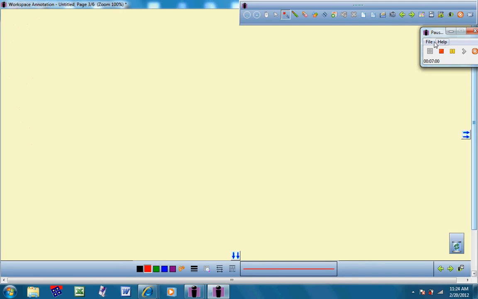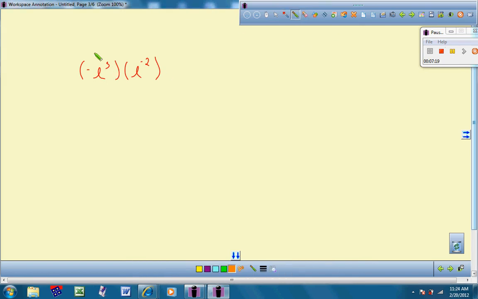Alright, let's go ahead and simplify some expressions. Let's say we have negative e cubed times e to the negative 2. Take a look at your bases. Our bases are the same, they are both e.